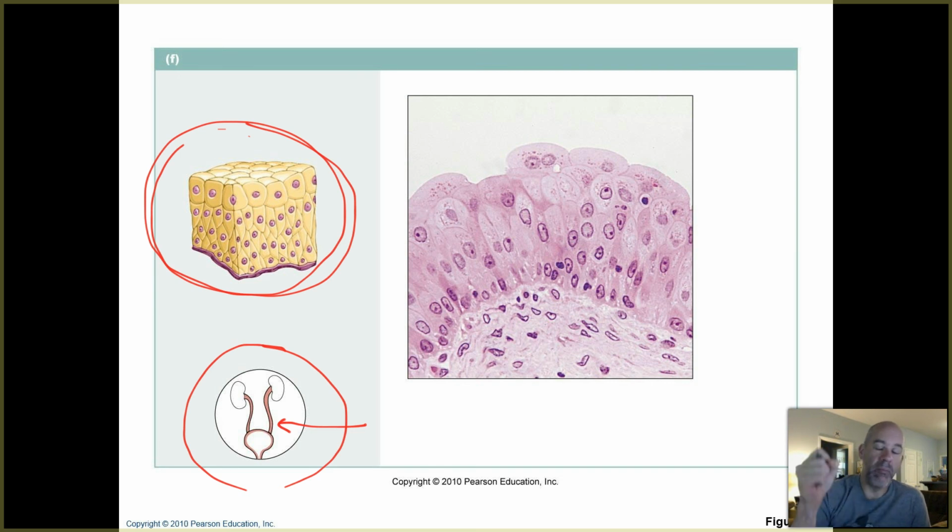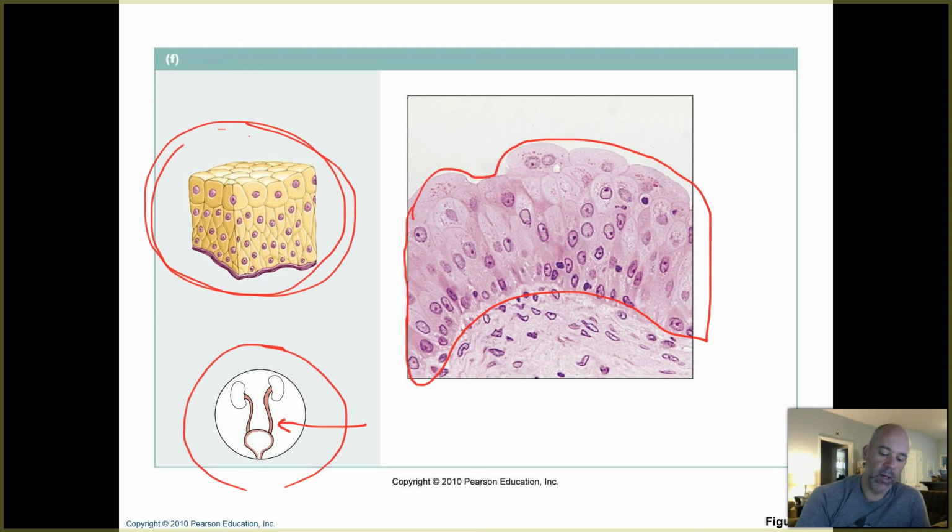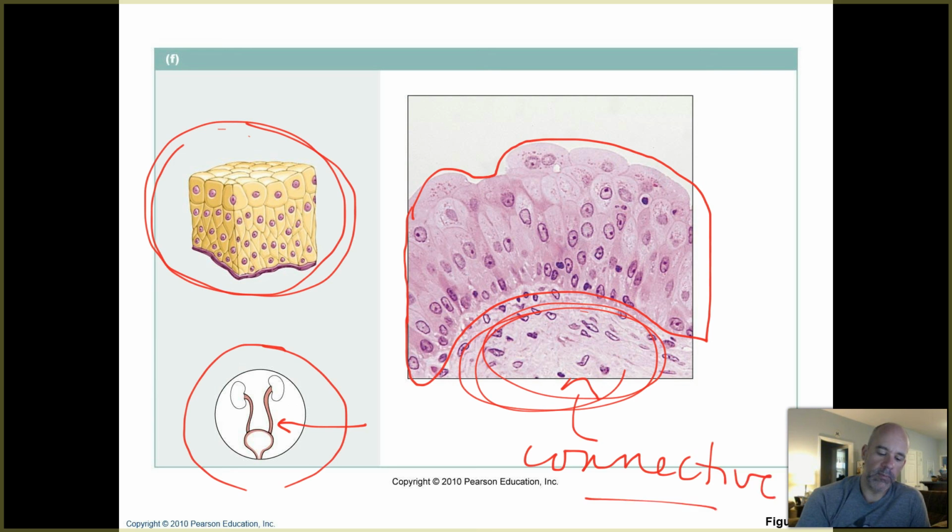Okay, so when the bladder fills up, here's your epithelial tissue lining here. So all of that is your epithelial tissue. This would be connective tissue down in here. And your epithelial layer there is a stratified type epithelial tissue. If the bladder gets stretched out, those cells would get squished.